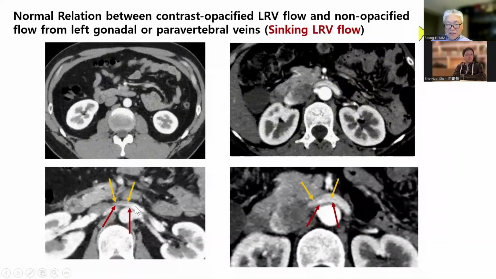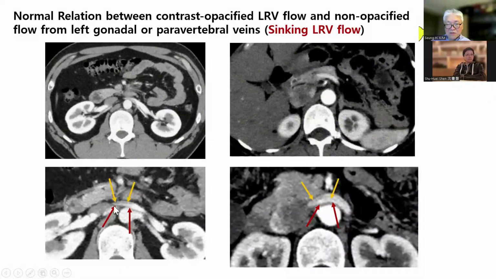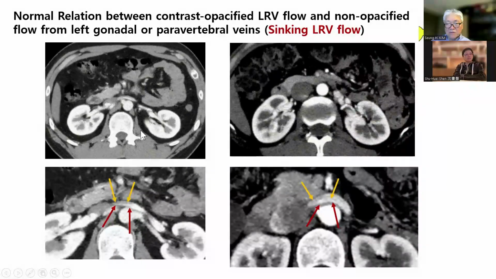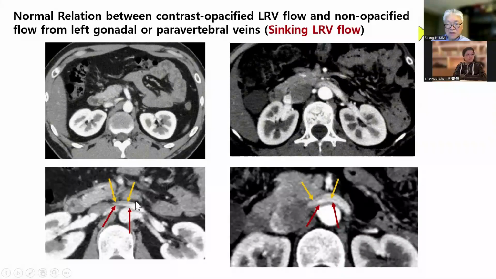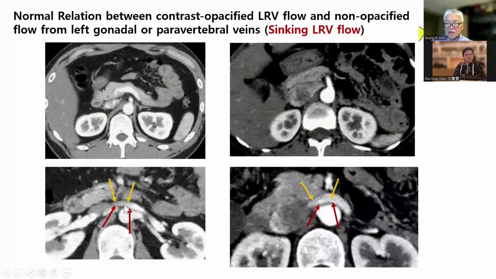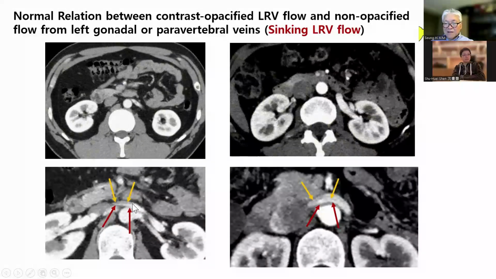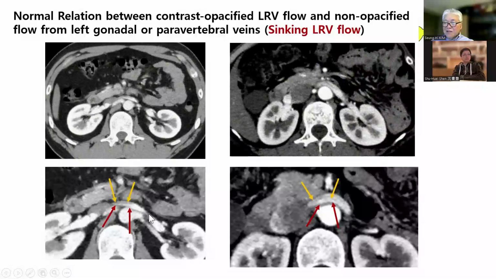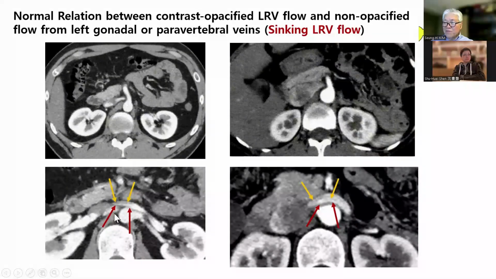Contrast opacified heavier blood flows along the posterior margin of this left renal vein, and contrast non-opacified blood, probably from the vertebral vein, along the anterior non-dependent margin. It means that heavier blood goes through the posterior margin and lighter blood along the anterior margin. It's a very natural thing, and it means that the flow speed is slow.